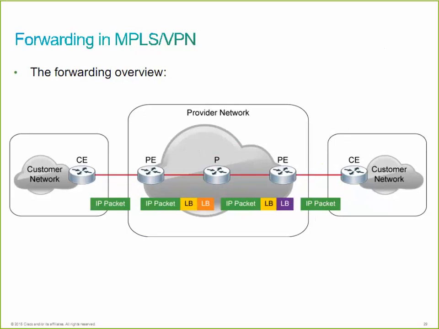All right? So we do something called penultimate hop popping before we get to the PE router. And this diagram is not really drawn very well because we actually pull off that outer label before the data gets to the PE router.